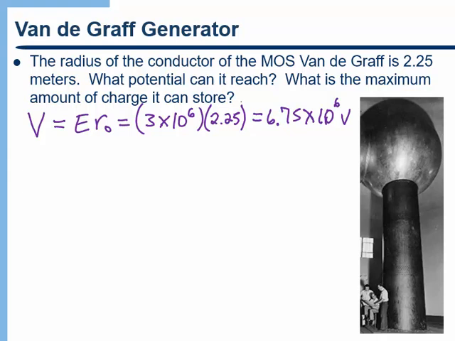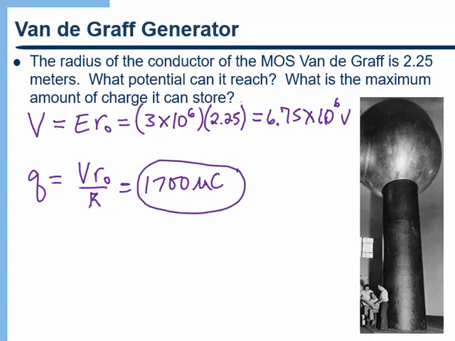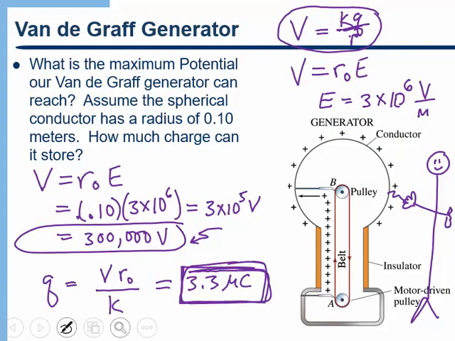But what I want you to notice is that when we now solve for the charge on our Van de Graaff, we have V R naught over k again. What you'll get when you calculate that is 1,700 microcoulombs. And again, I encourage you to check my math and make sure that you get that as well. What I want you to notice is that is substantially bigger than what we got for our Van de Graaff, where it was 3.3.